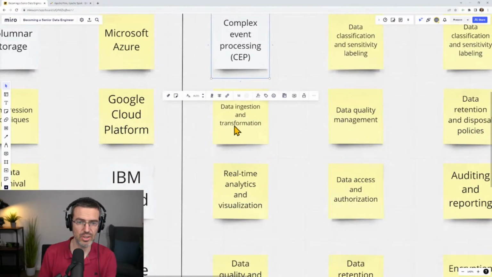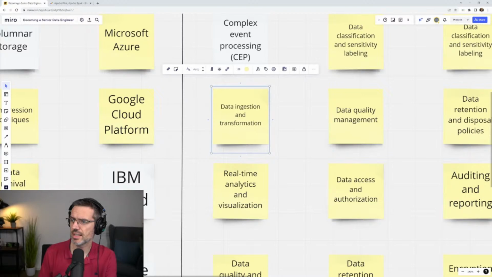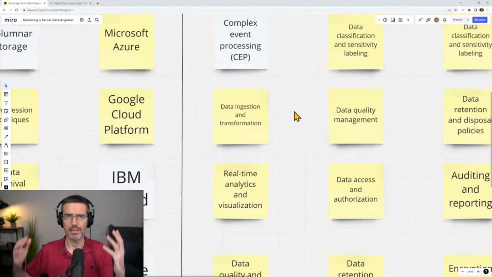Data ingestion and transformation, that is a topic very important for a data engineer. We do this all the time. A senior data engineer should be proficient in designing and implementing data ingestion and transformation pipelines that can handle high volumes of streaming data and perform real-time processing and analysis. So that's the golden thing.